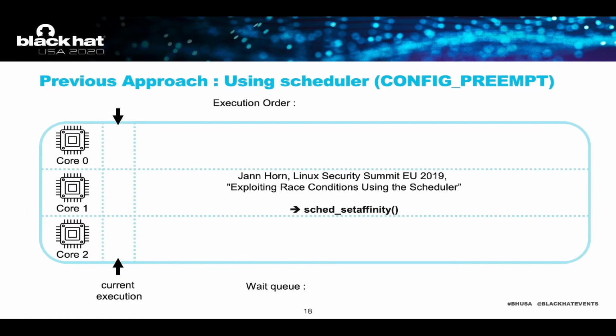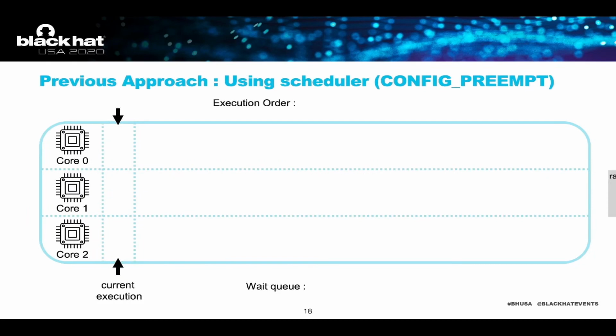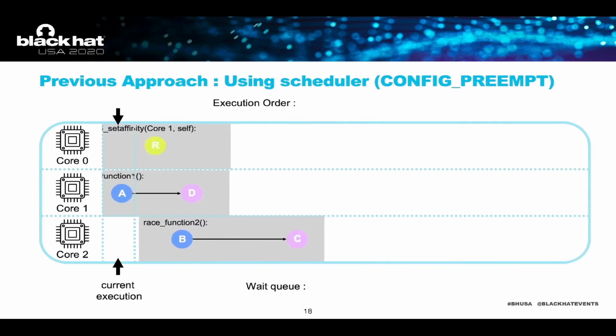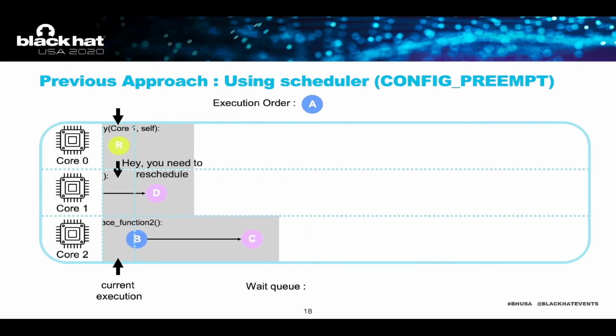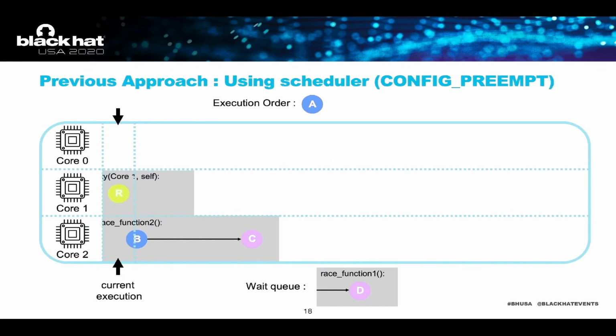To visually demonstrate how it works, suppose the instruction A is executed first, then core 1 receives the request to reschedule from core 0. Upon receiving the request, core 1 changes the status of the current thread to wait, and then it performs context switching to the thread requested by core 0.